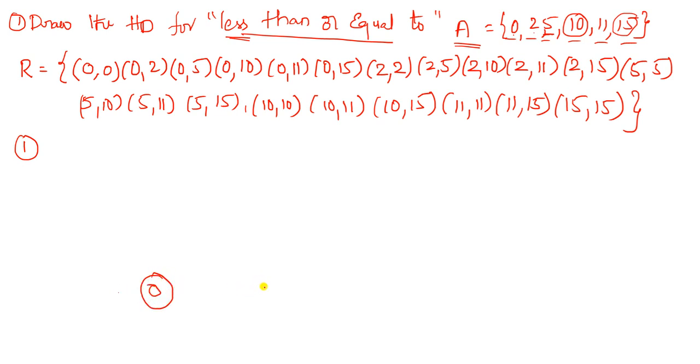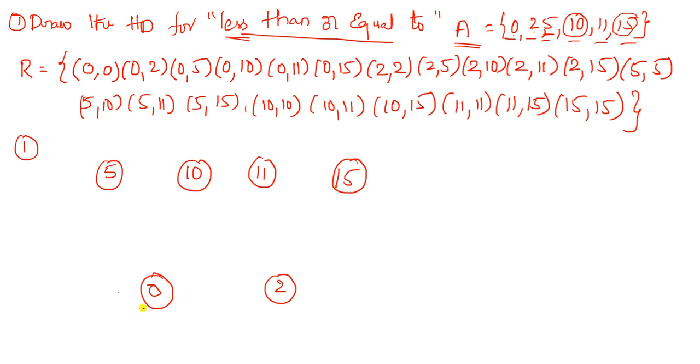Listen carefully everyone. 0, and next 2, and then 5. Next 10 is there. Next 11 is there. Next 15 is there. Or else you can draw 15 here, but the place is not sufficient, so I draw it here.